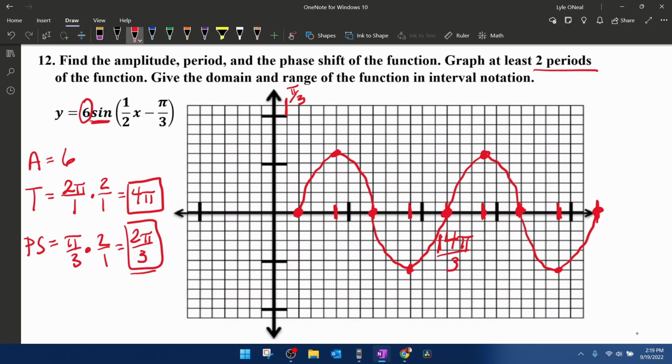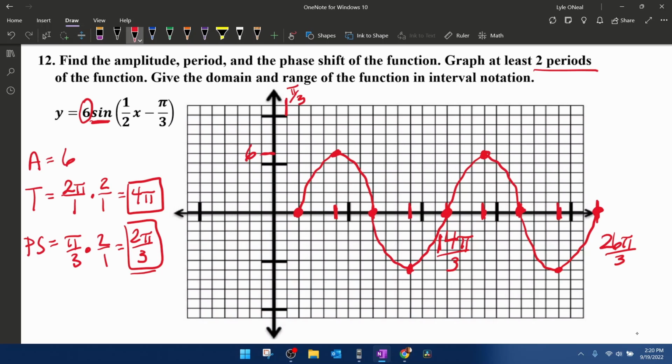Okay? So if this is 14 pi over 3, we can keep counting pi over 3s to figure out what the endpoint is. Okay, here we go. 14, 15, 16, 17, 18, 19, 20, 21, 22, 23, 24, 25, 26 pi over 3. And 26 doesn't divide by 3, so we would just leave that 26 pi over 3 if you need to label it.